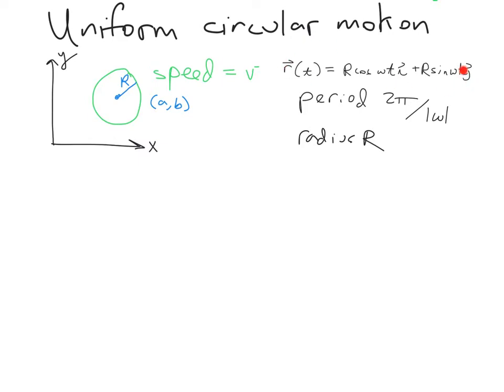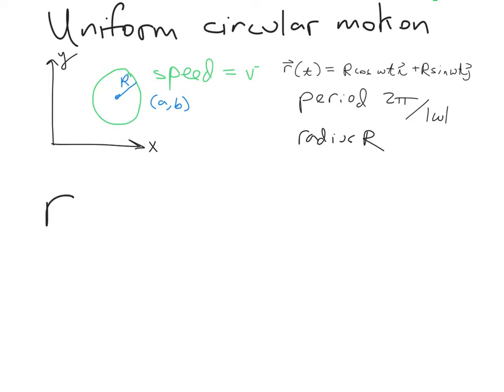This parametrization wasn't quite right. It would be the right parametrization if this uniform circular motion were centered at the origin, but we're not centered at the origin, so let's write down the correct parametrization. The fact that we've shifted the center of our circle should shift our x-coordinate by positive a, and it should shift our y-coordinate by positive b.